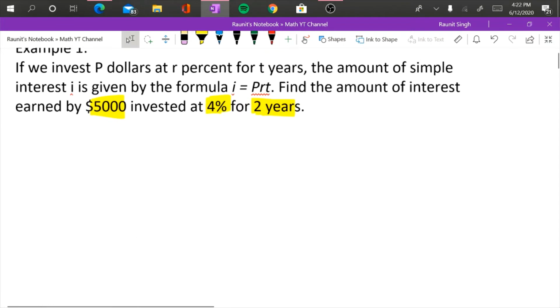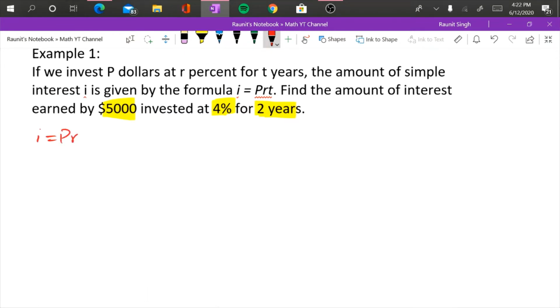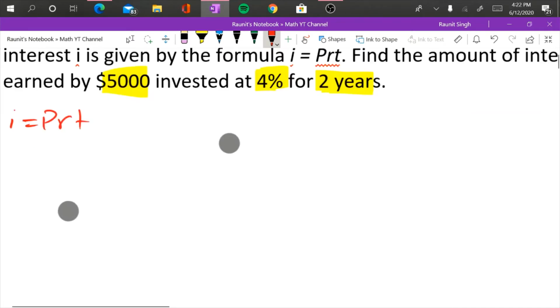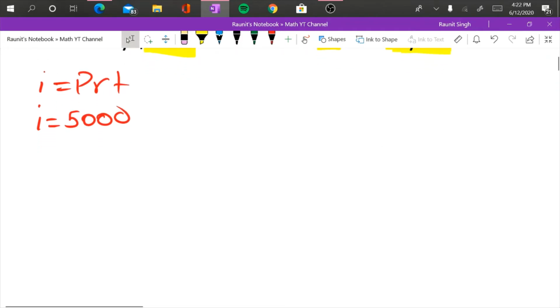So let's use the I equals PRT formula and just plug everything in. So we're gonna get I equals $5,000 at 4%, which can be written as 4 over 100, and then times 2.